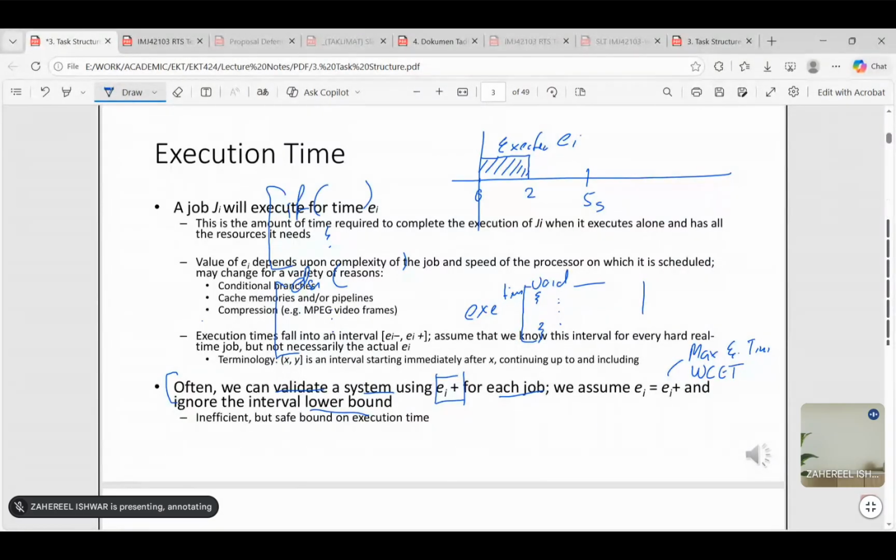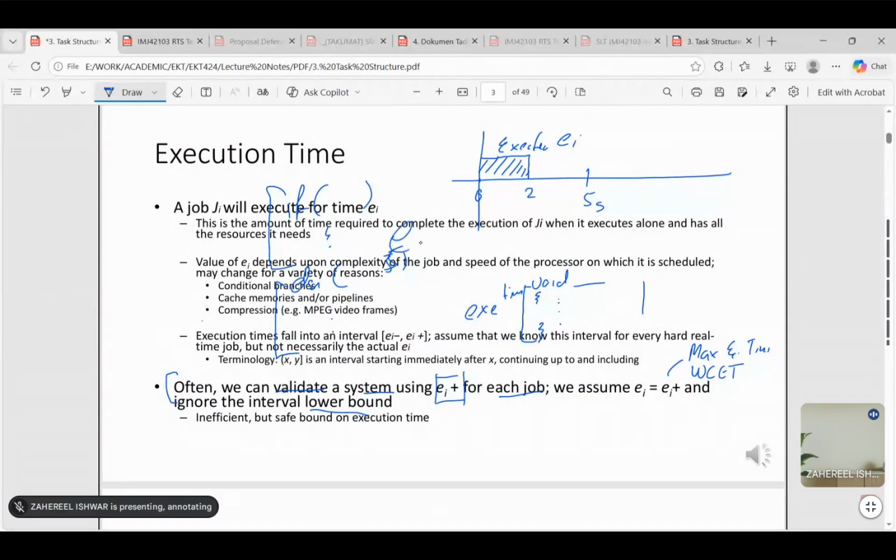Okay, once the jet is being shot, what the pilot will do is to eject himself from the fighter jet so that he's alive, right? He's safe, right? Now, the point in time when he pressed that button, let's say the system must respond within 5 milliseconds. Okay, that is the E sub I. However, like we said, there will be E sub I minus and E sub I plus, right?